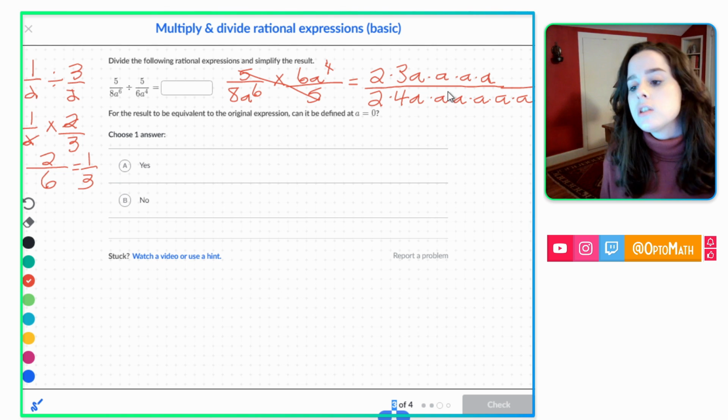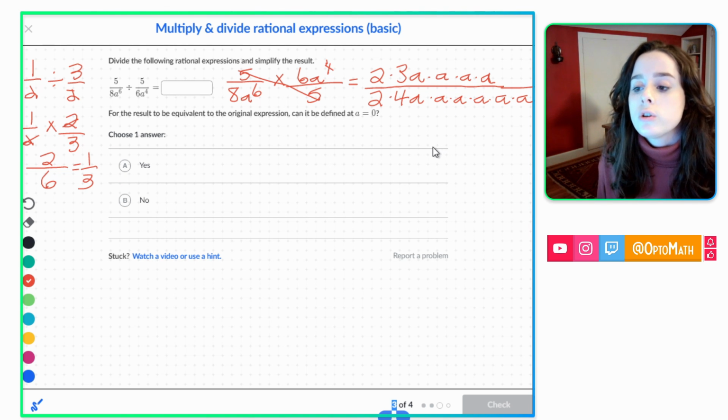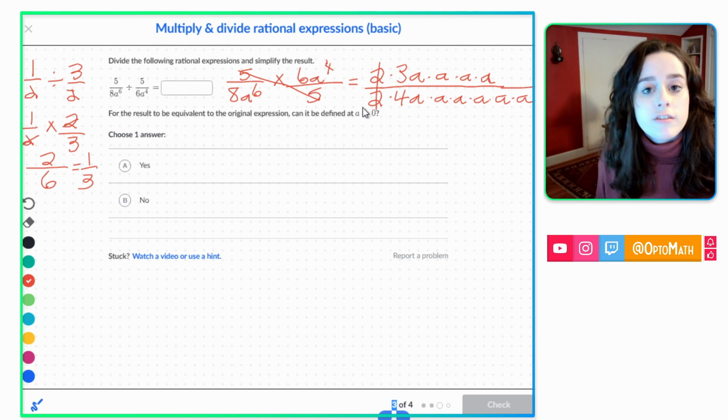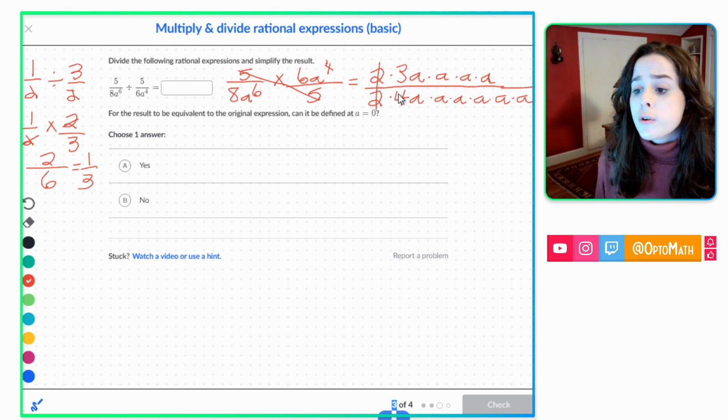Okay, we're going to simplify all of our monomial common factors like we did in our other Khan Academy assignment. So the 2's will simplify to 1 just like our 5's did. Our 3 and 4 stay, but then we have 1, 2, 3, 4 a's that simplify. And we have 2 left in the bottom. So now our final answer is 3 divided by 4a.